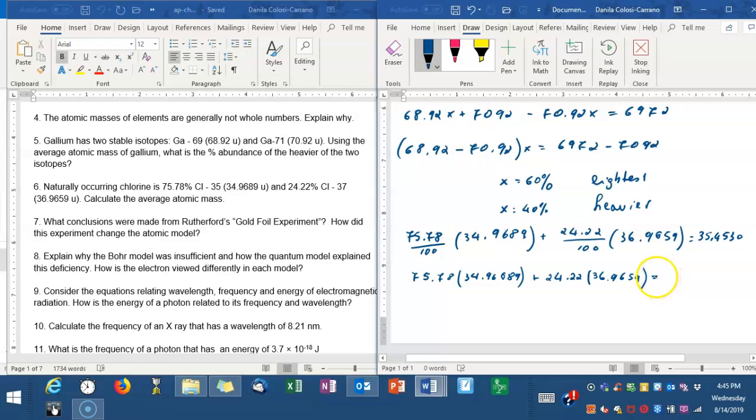What are they looking for? Oh, they want us to calculate it, sorry. So this is your variable. So how much is this? And you just solve. When you solve, you will find that this is about 35.45 units. So that's what you should find.